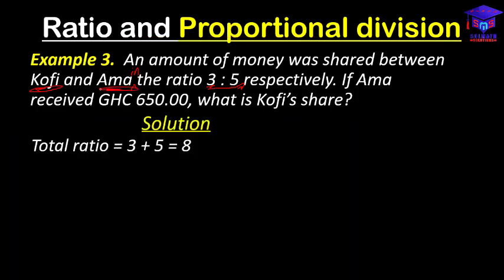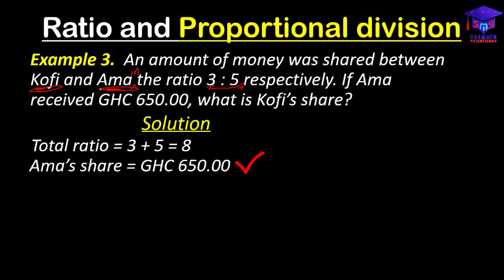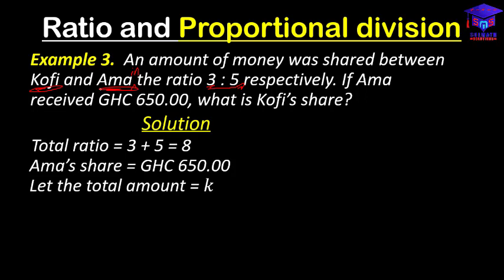So the total ratio is 3 plus 5, and that will give us 8. Now when you look at the question, we were not given the total amount that they are supposed to share. We were rather given Ama's share that she received. So Ama's share is 650 Ghana cedis. Now what is the total amount that they shared? We don't know. So we say let the total amount be K.